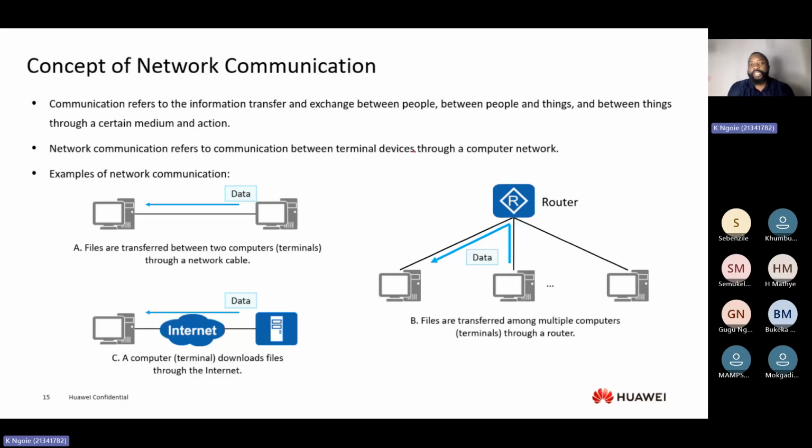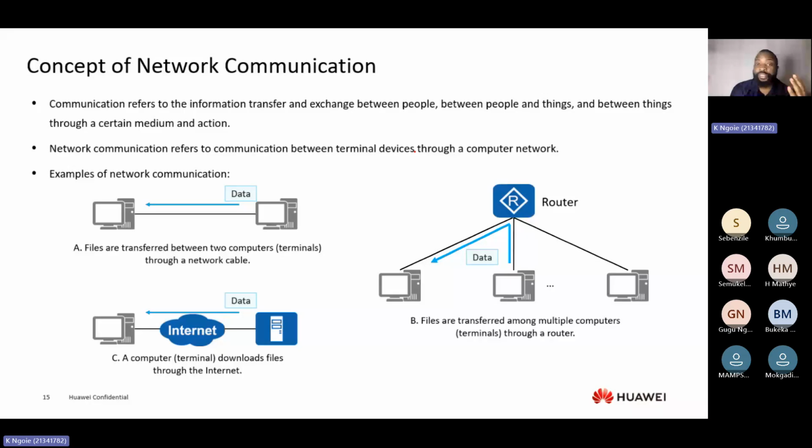Network communication is just the whole process of exchanging data. The data can be pictures, videos, files, any type of data, you name it. So when we talk about network communication, what we mean is exchanging that data between two or more devices.